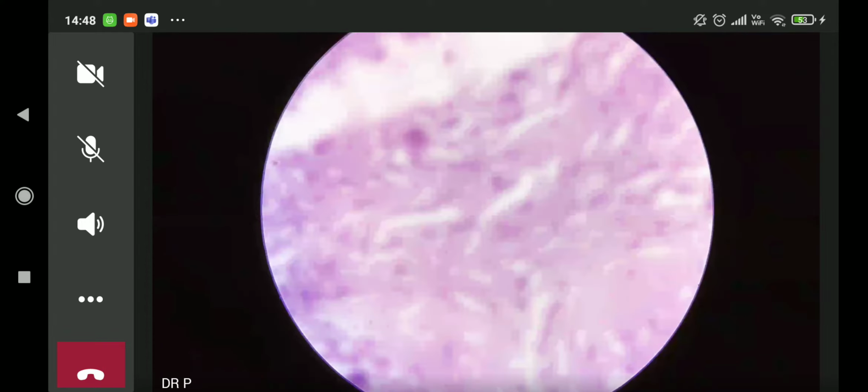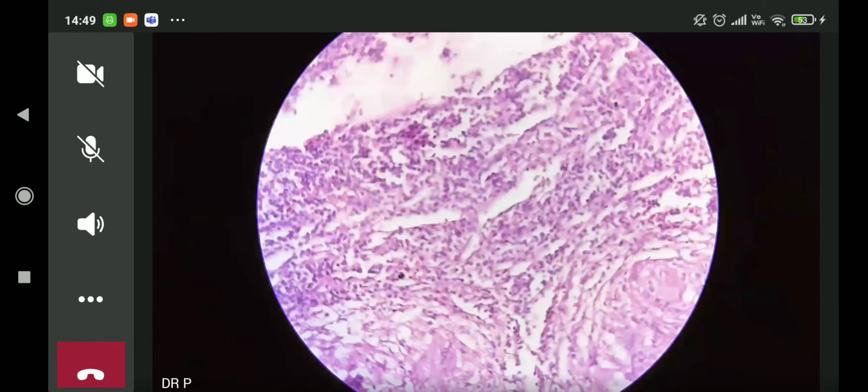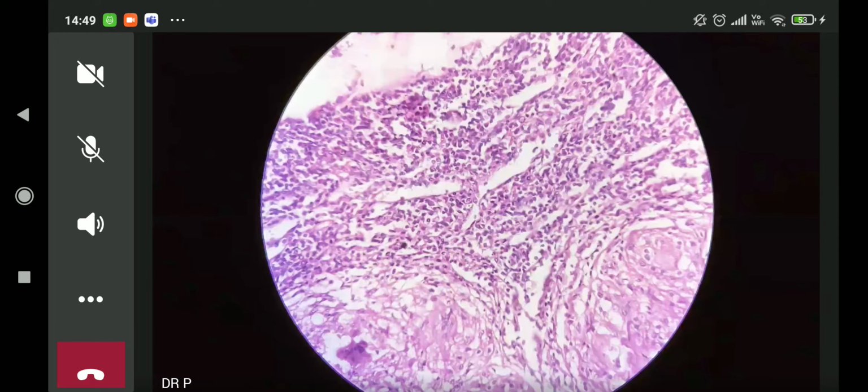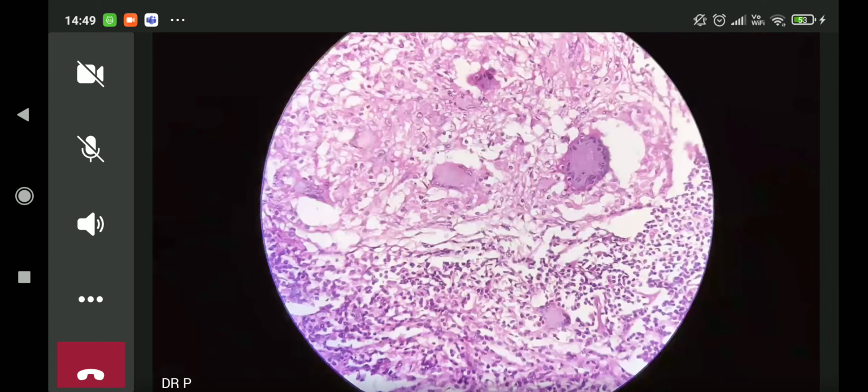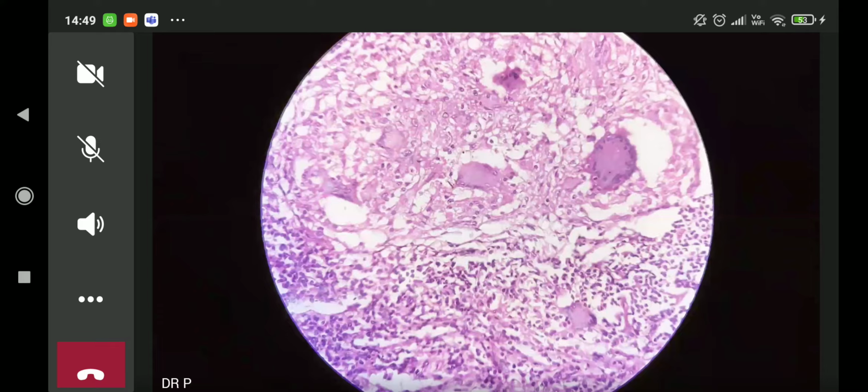You can see that these are 4 or 5 kinds of cells in which the nuclei are arranged in the periphery like a necklace or like a wreath, or in our textbooks, it's classically described as a horseshoe arrangement. This is nothing but the Langhans giant cell.